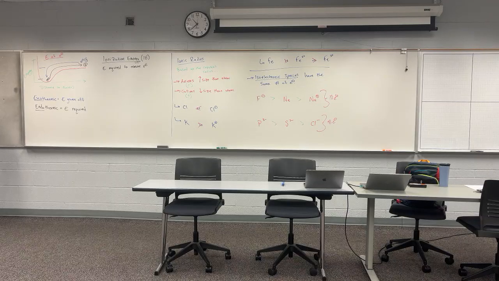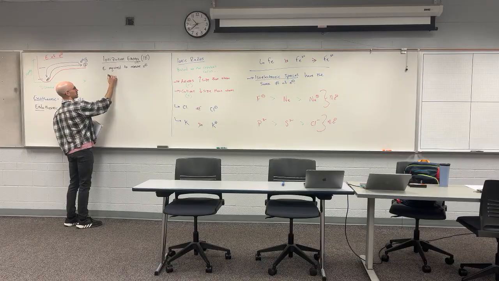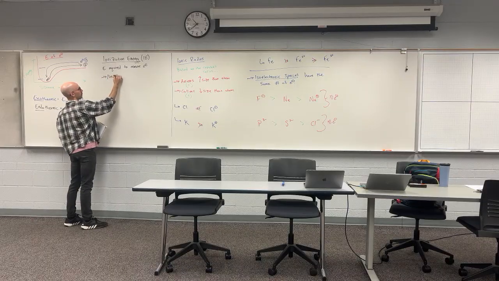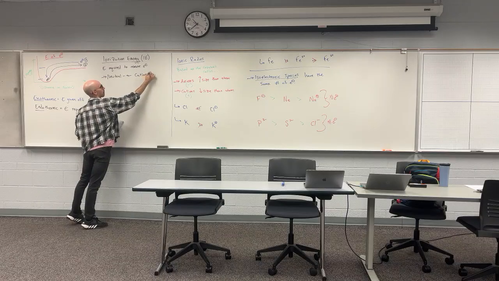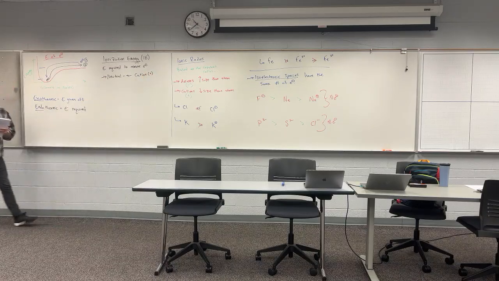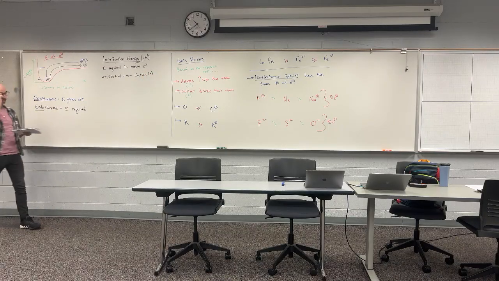What do you form if you remove an electron? A cation, I guess, if you're starting from a neutral species. So this process is neutral to cation. It requires energy.